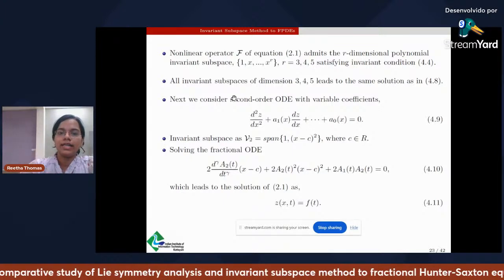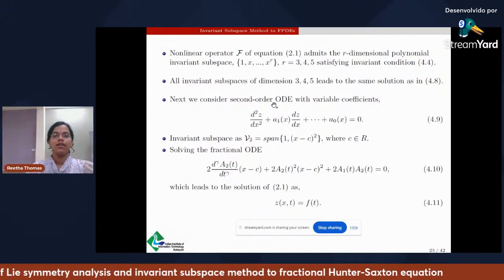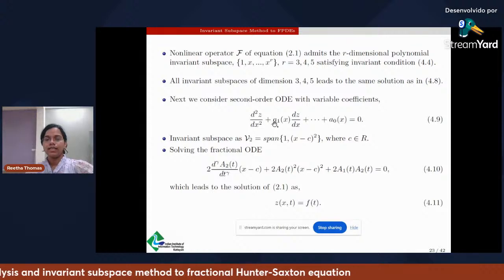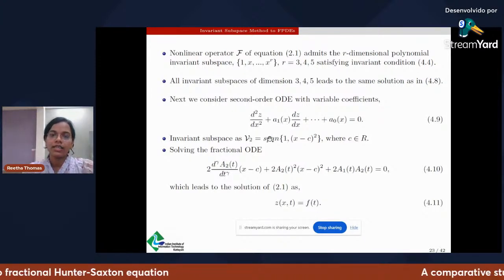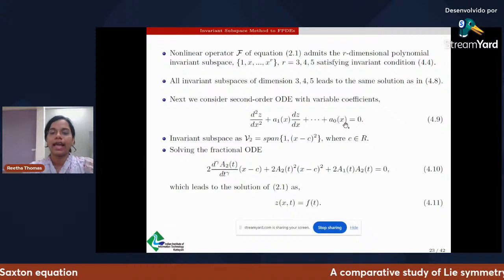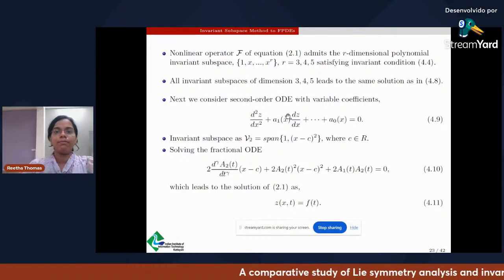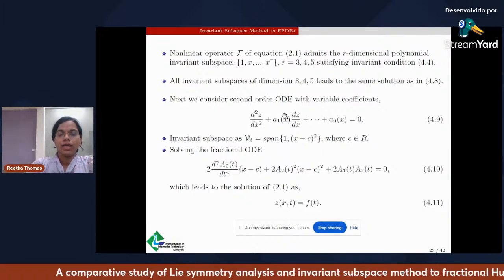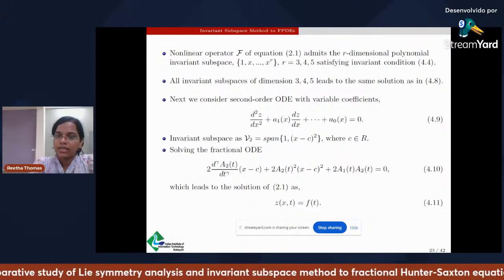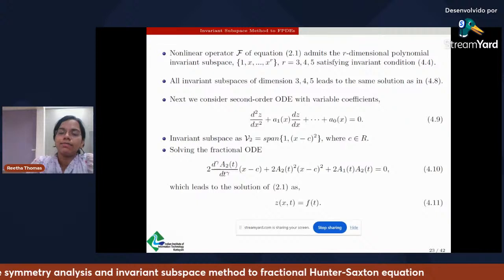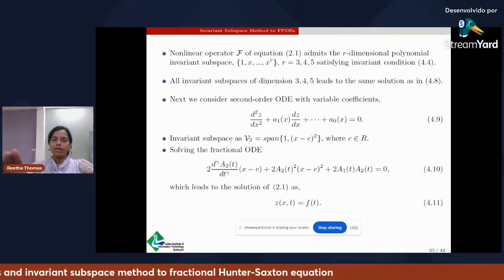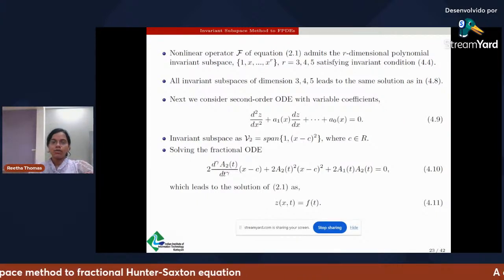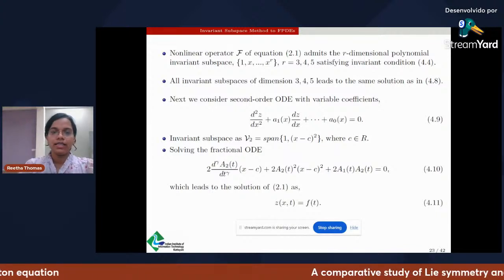And we can also consider a general case, where instead of the constants a1, a0, we can consider a1 of x and a0 of x. It is a variable coefficient, and we can find that variable coefficient also. Instead of finding the constants, we can extend the concept to the variable coefficient case. But here, that does not make any major difference in the solution.